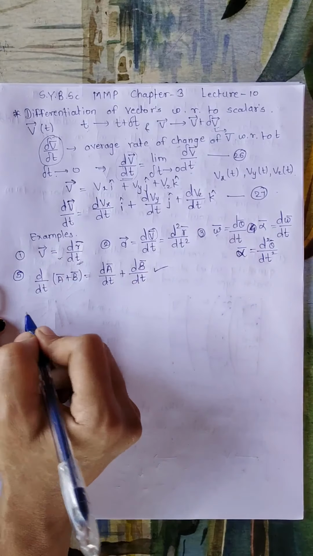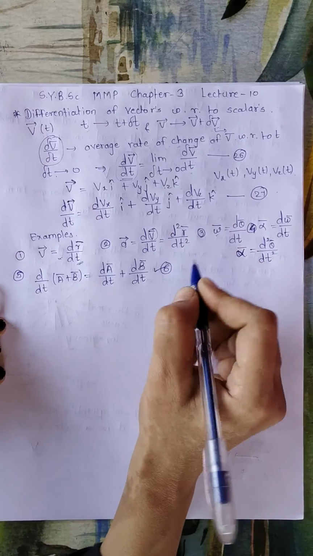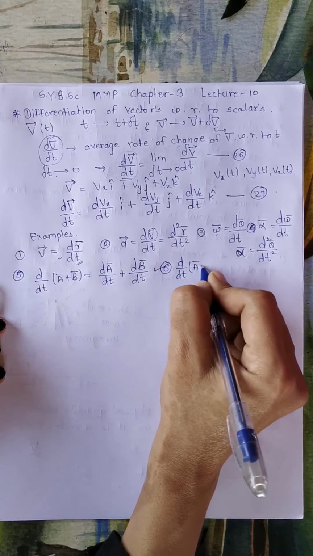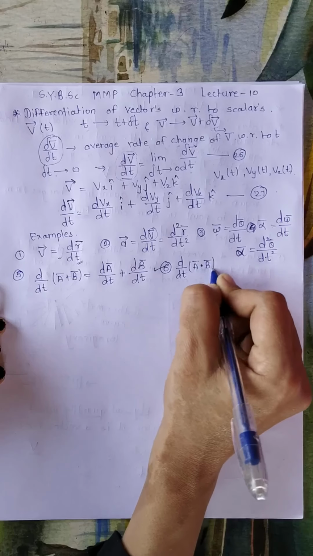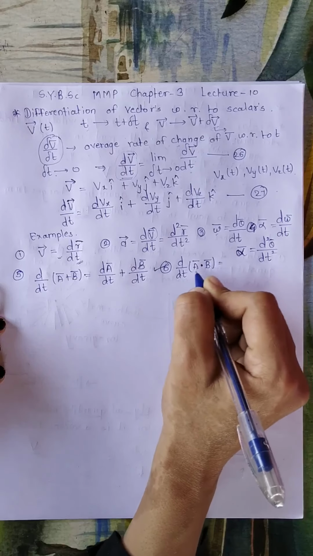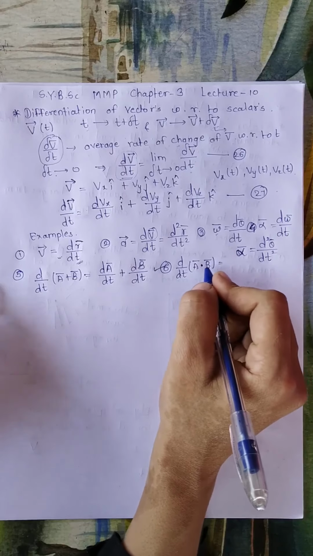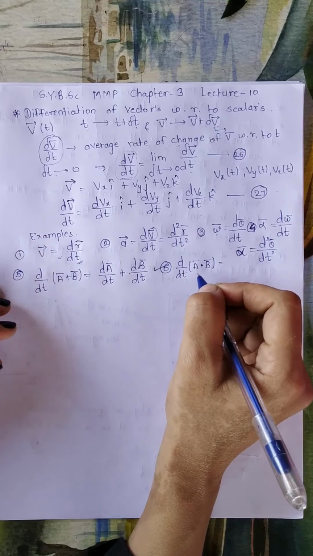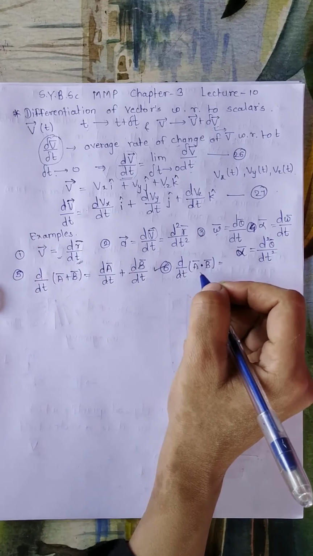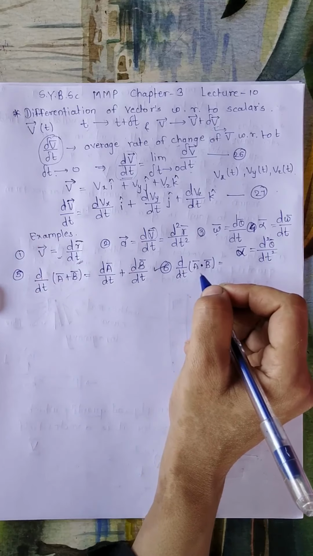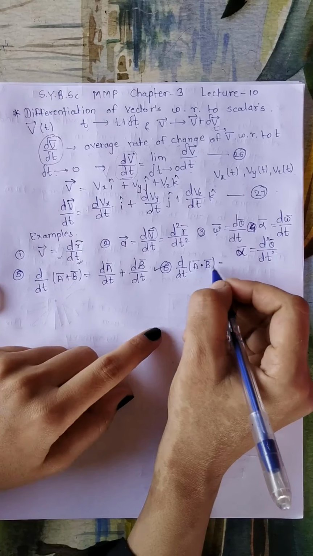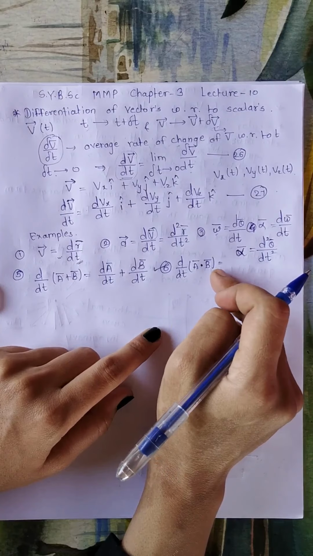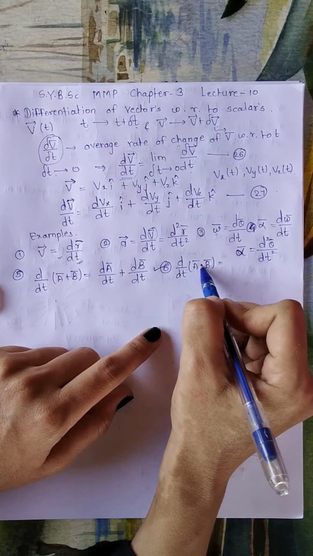Now the next example is d by dt of a bar dotted with b bar. Now we are going to take the derivative of a dot product. This is differentiation of a dot product, which is taken like the normal UV rule, meaning the product rule. In the UV rule, the way in which we take the derivative, we use the same here, just instead of the product there will be the dot product.